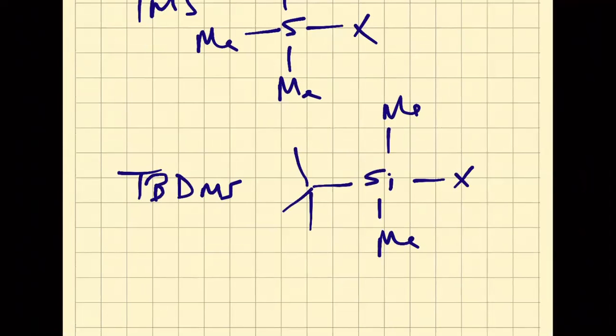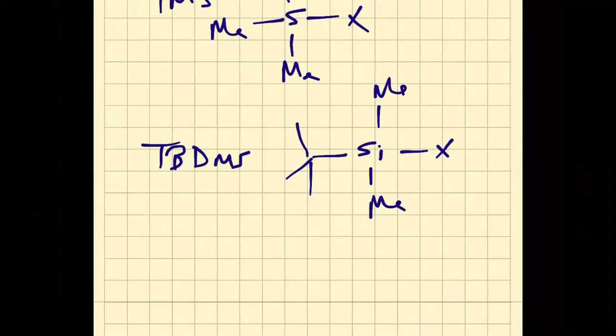So tert-butyl dimethylsilane. So all these different silane protecting groups are able to, again, cap off your alcohol, and then TES, which is one of the ones shown in the example, is triethylsilane.